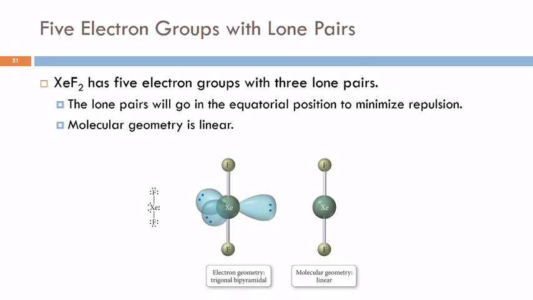Let's look at this one, xenon difluoride. So we look at the Lewis structure, again, 5 groups, 1, 2, 3, 4, 5. Trigonal bipyramid is the electron geometry. But now we have 3 lone pairs. Again, we're going to put those lone pairs around the equator, around the tutu skirt, where they have more space.